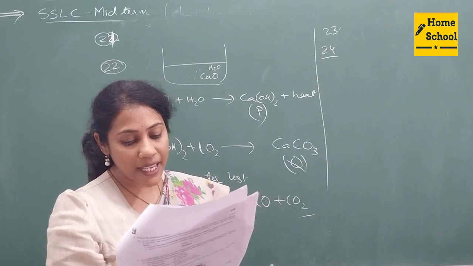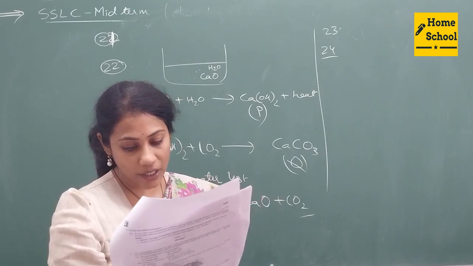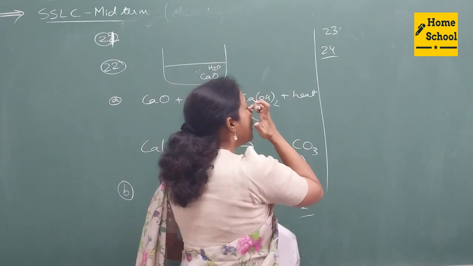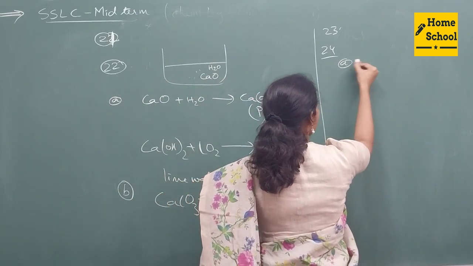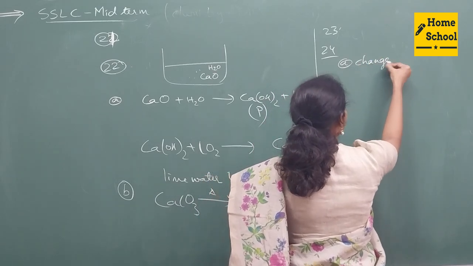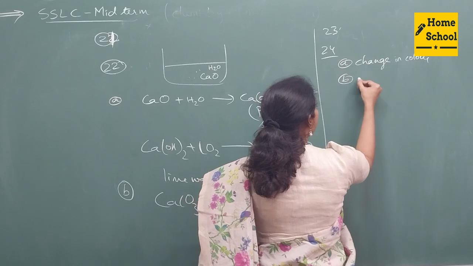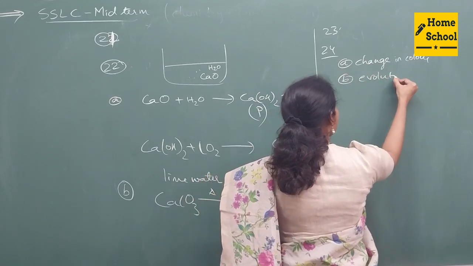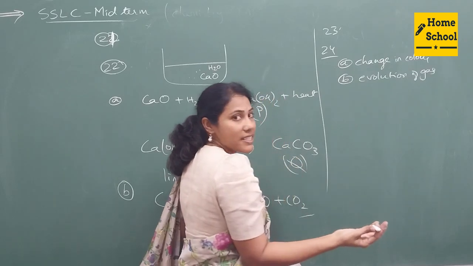What observations help to determine whether a chemical reaction has taken place or not? See, how do you know whether a chemical reaction takes place or not? By observing change in color, right? By evolution of gas, you can observe whether a reaction is taking place.